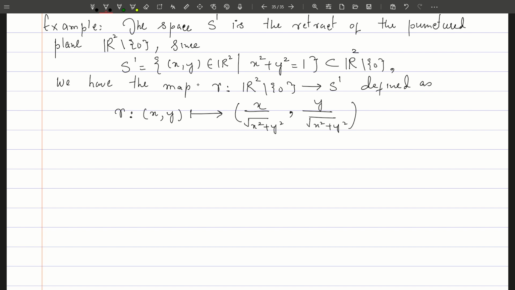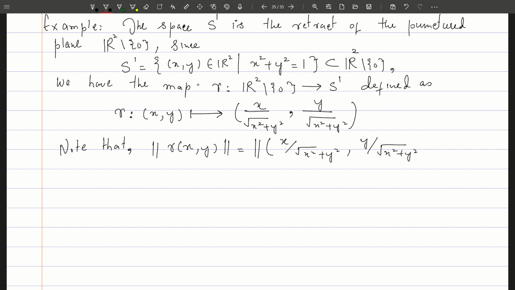So note that the length of the vector R of xy, which is same as the length of the point x over square root of x square plus y square, y over square root of x square plus y square, is actually 1, because this is equal to the square root of x square over x square plus y square plus y square over x square plus y square.